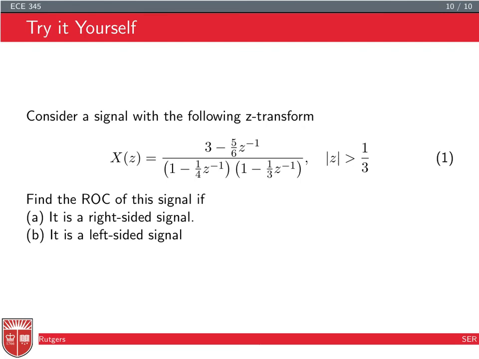Here there is a typo. Let me erase this. There shouldn't be anything that says z greater than 1/3. So find the possible ROC of this Z transform, whether it corresponds to a right-sided signal or a left-sided signal.